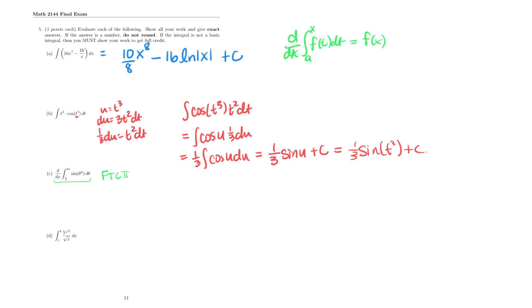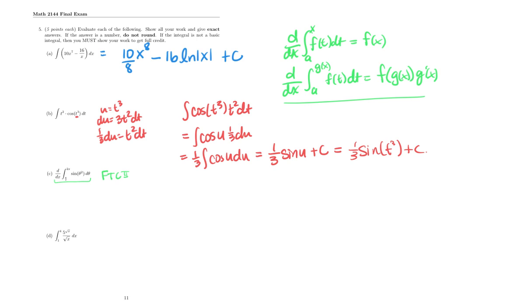And I'm going to actually include this with the chain rule as well. So here's how they intersect. The derivative of the integral from a to g of x of f of t dt is going to be f of g of x times g prime of x. So there's the fundamental theorem of calculus part 2 using the chain rule.